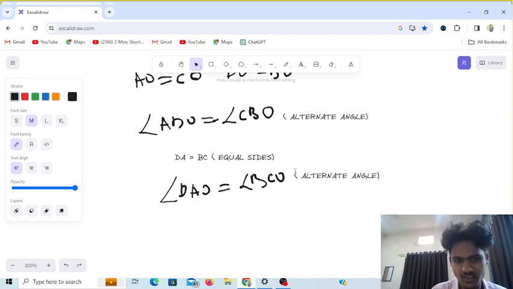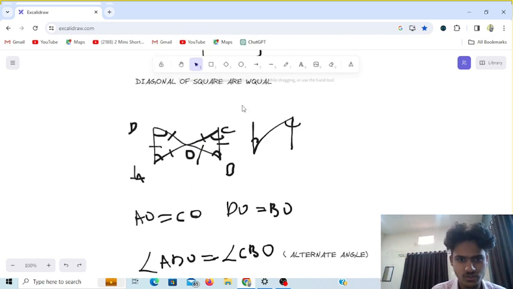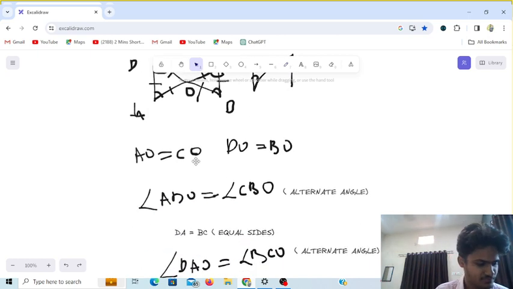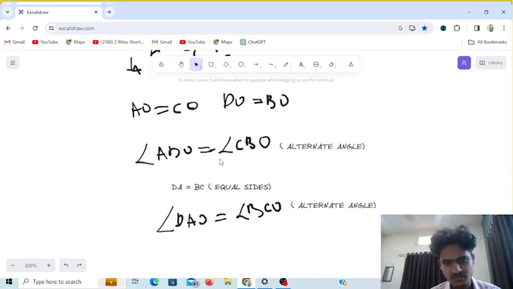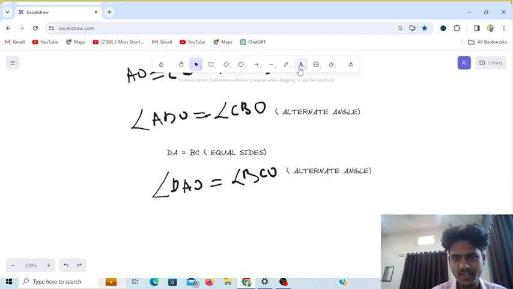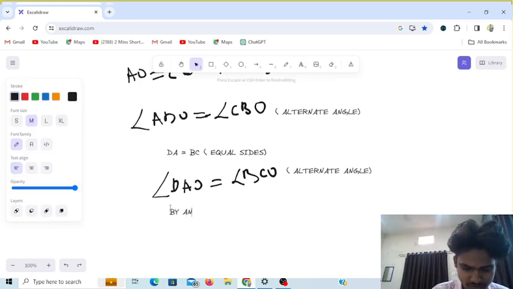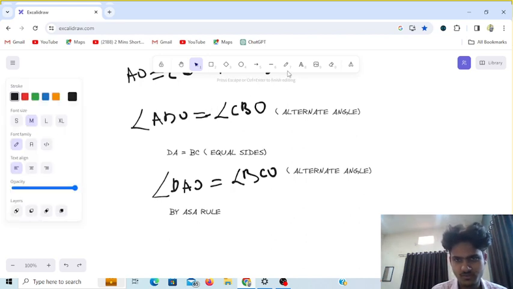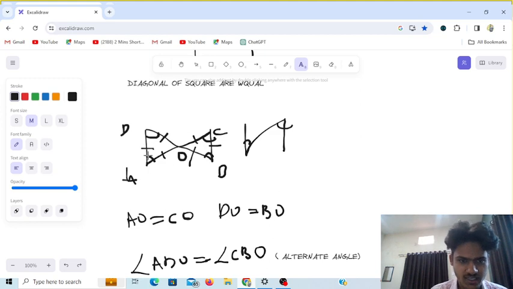Okay, so from this similarity, angle side angle, we can write by the angle side angle rule, triangle DOA equal to triangle BOC. The angle DOA equal to BOC.